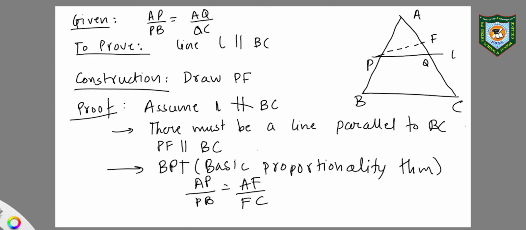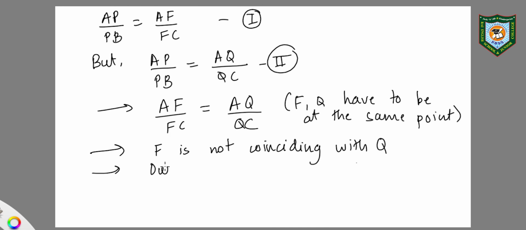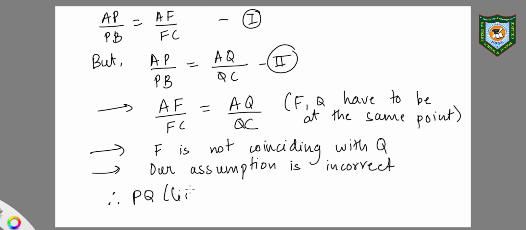But as we can see in our diagram, F is not at point Q, F is a completely different point, which means that F is not coinciding with Q. This implies our assumption is incorrect, and therefore only line L, which is PQ, can be parallel to side BC, and hence we have proved our theorem. So you have to write hence proved after you prove this.